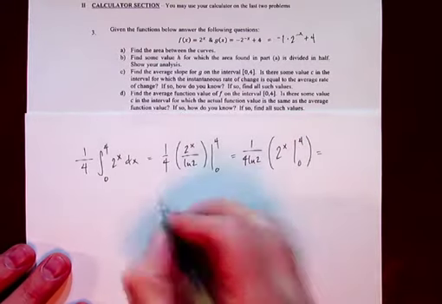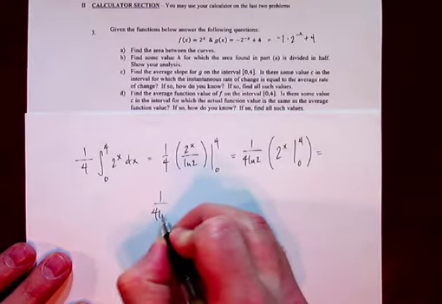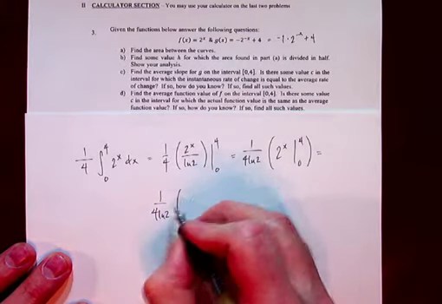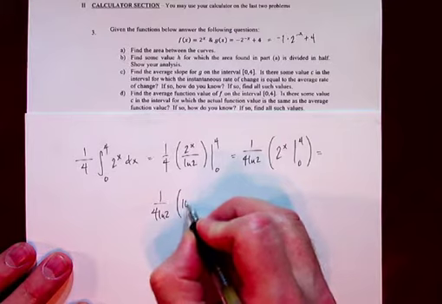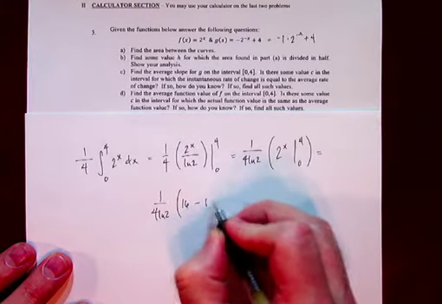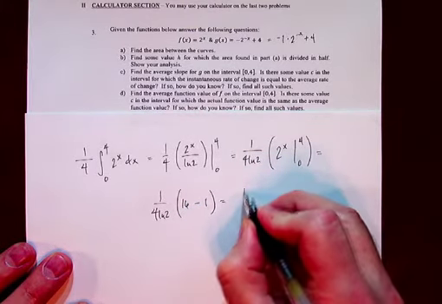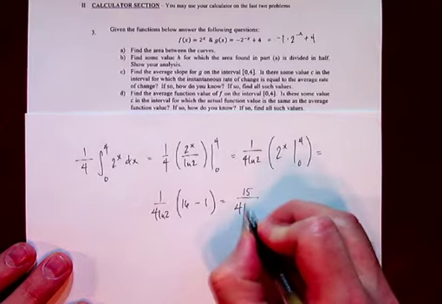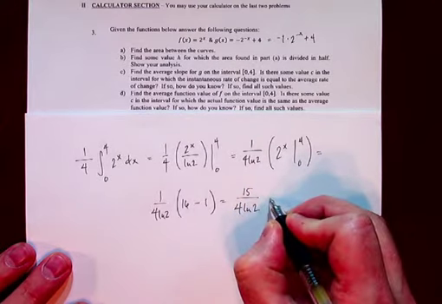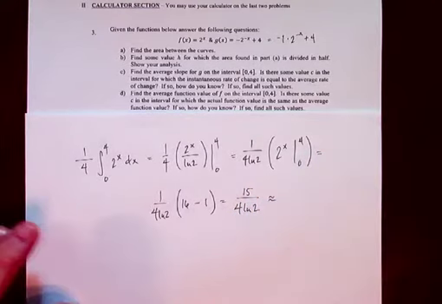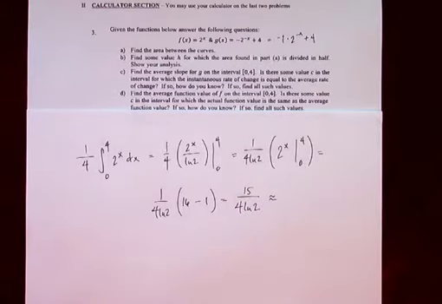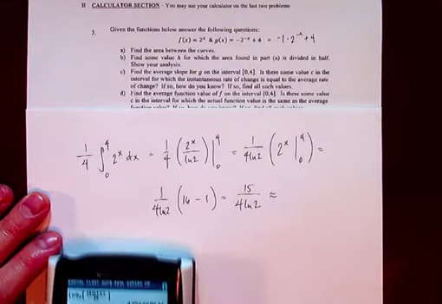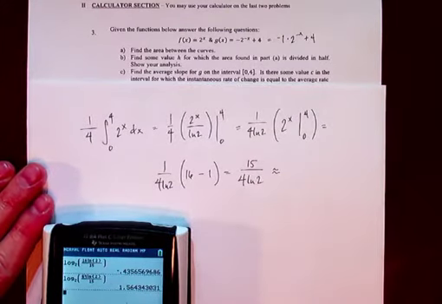Well, 1 over 4 natural log 2. 2 to the 4th is going to be 16, and then 2 to the 0 is going to be 1. And this is going to be 15 over 4 natural log 2. Now, that, as an average value, is going to be, let's go ahead and figure out what that is approximately.